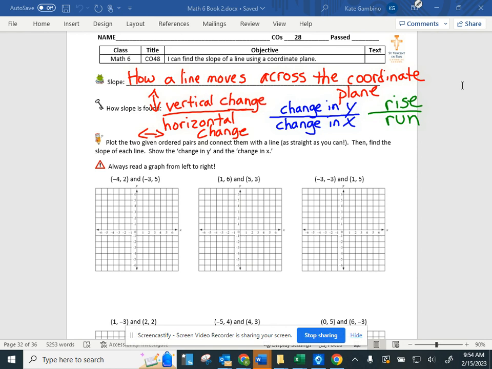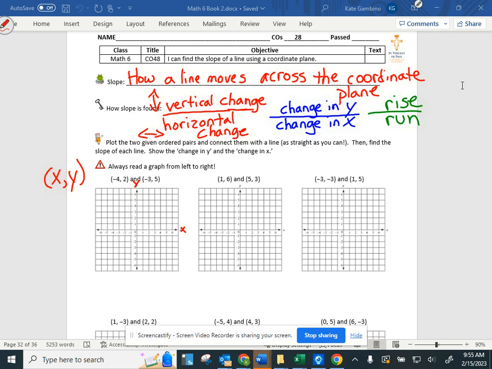So let's see what that means when we're actually looking at our graph. Plot the two given ordered pairs, which we did in our last objective. So we need to remember that this is the y-axis that goes up and down. This is the x-axis that goes across. And our ordered pairs are always x first, then the y.